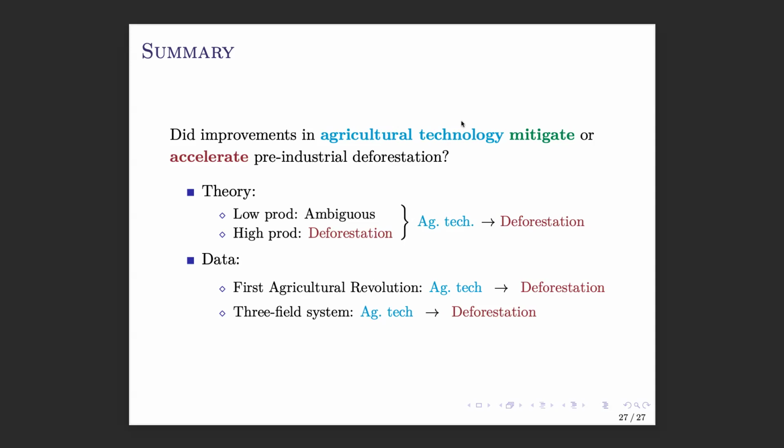Because if the price falls sufficiently, with the Malthusian population dynamics, that goes away entirely. The growth in population fully offsets the fall in price of the agricultural good that we would otherwise expect.